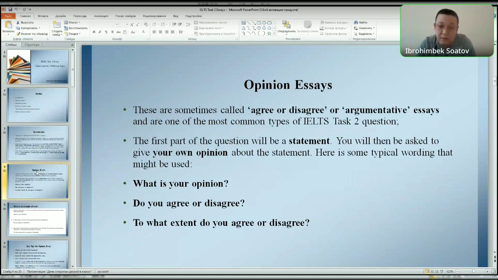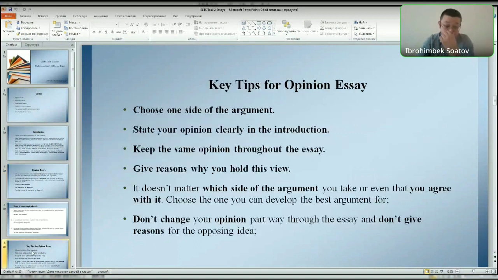Some students ask how we can identify whether it's an opinion essay, problem solution, or another type of essay. According to the follow-up question, we identify the type of essay. If there are questions such as what is your opinion, do you agree or disagree, to what extent do you agree or disagree, without any hesitation, you can say that you are going to write an opinion essay. In the following slide, we are going to look through some key tips for the opinion essay.